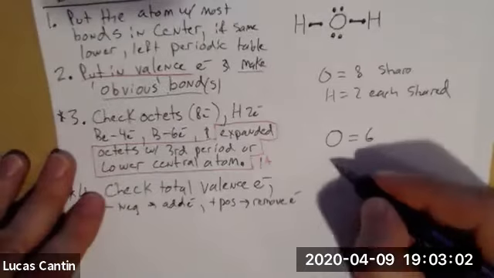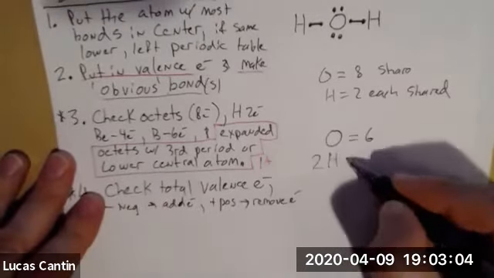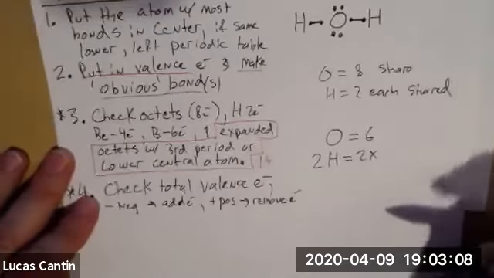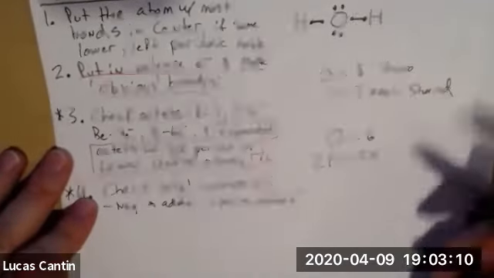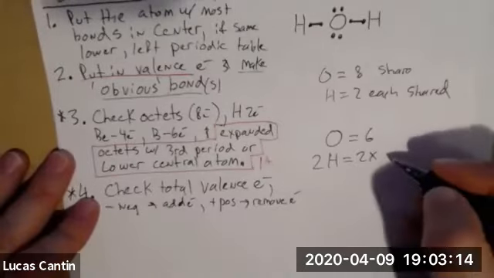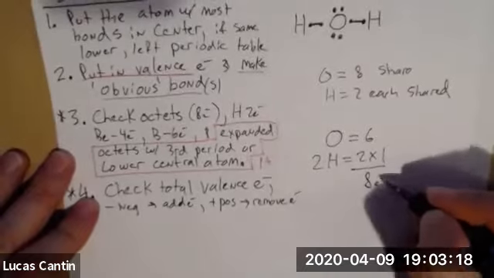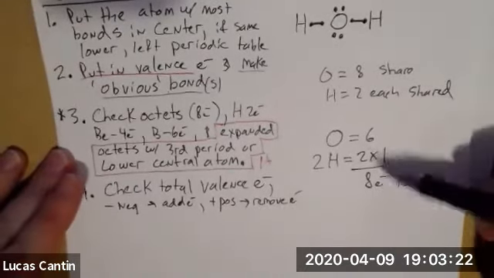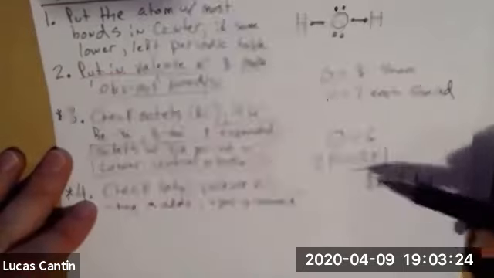And then hydrogen. There's 2 hydrogens. How many does each hydrogen have? Valence electrons before it bonded. How many electrons does hydrogen come with in nature? 1, right? Yeah. So I should have a total of 8 electrons in this structure. The total valence electrons doesn't have to be 8.